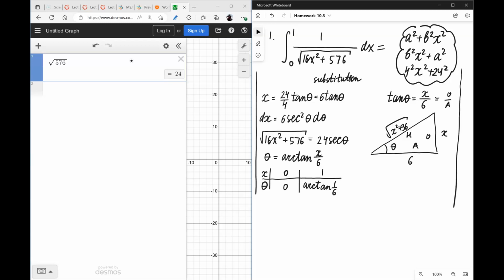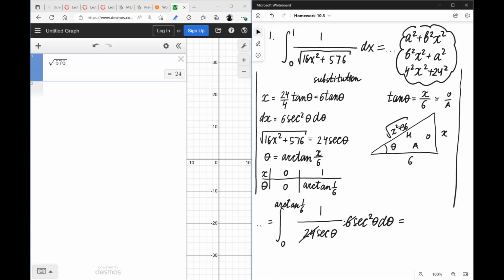So we continue with the original integral. My original integral now becomes an integral from 0 to arctan of 1/6, and we have 1 over 24 secant theta, and dx is 6 secant squared theta d theta.